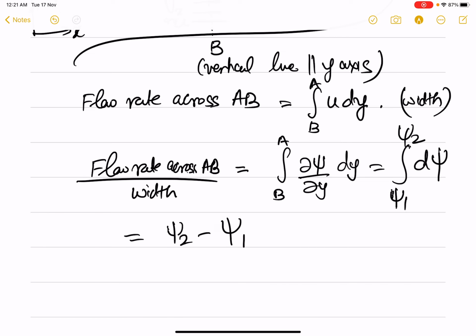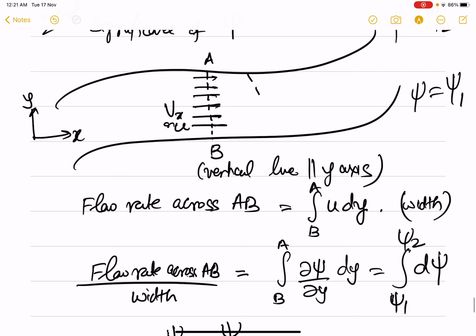And what we realize is that if I choose a control volume and I choose here any arbitrary line CD, then the flow rate across AB will be equal to flow rate across CD.